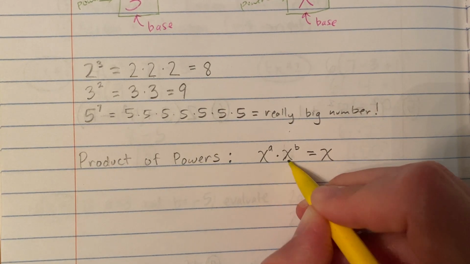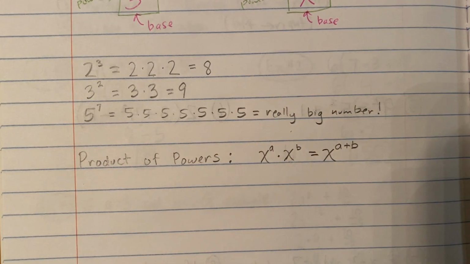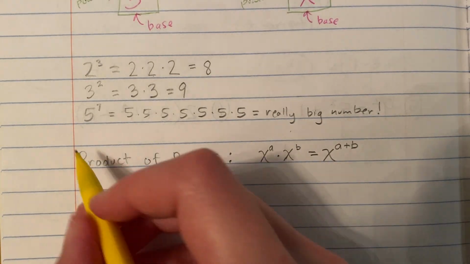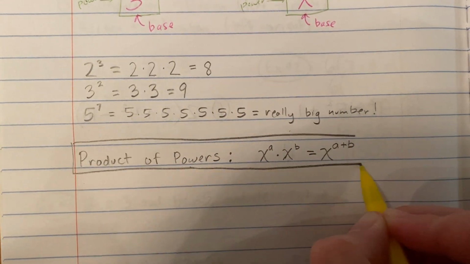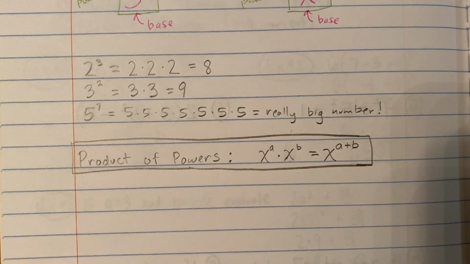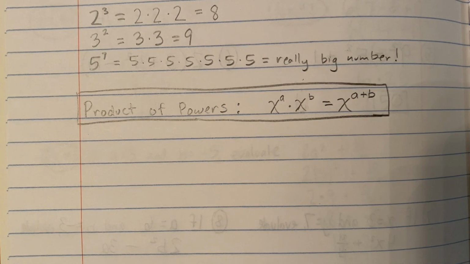Notice the base hasn't changed, all x. I'm going to add the exponents. So this is the big rule. Now we're going to take a look at it in a bunch of different ways so that you're not just memorizing a rule, you're understanding why the rule works and seeing lots of different situations where it works.